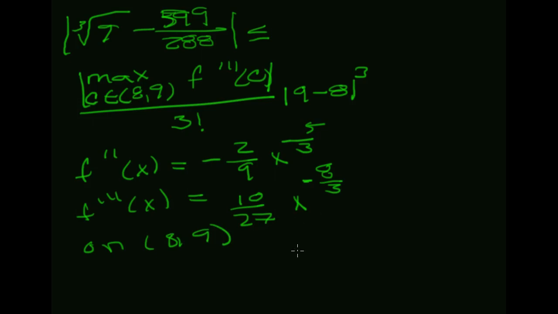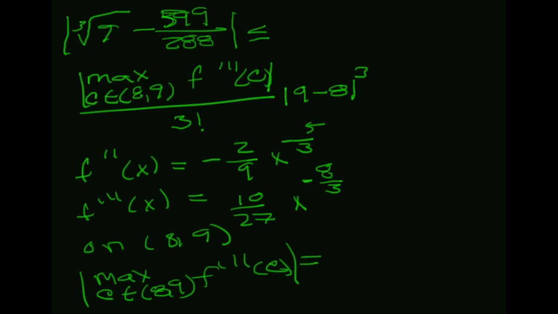And in fact, it's always decreasing. So this thing is going downward. You can pop that in a calculator and you can see on the interval from 8 to 9, this is decreasing, decreasing, decreasing. So if this is always decreasing, the maximum for C on the interval from 8 to 9 of f triple prime of C has to occur at 8.